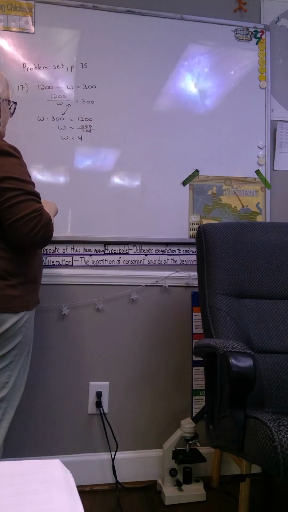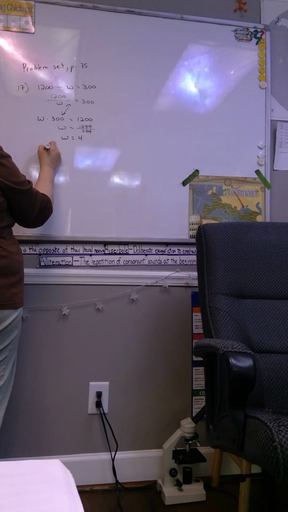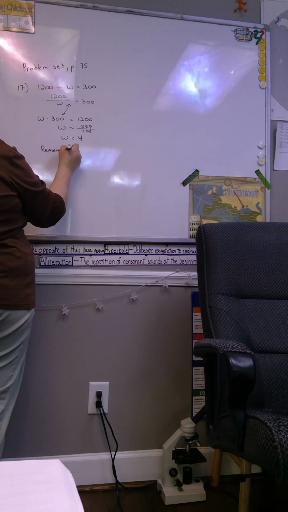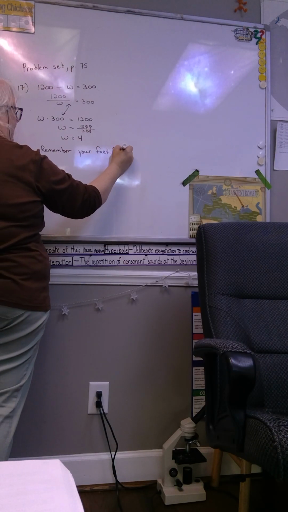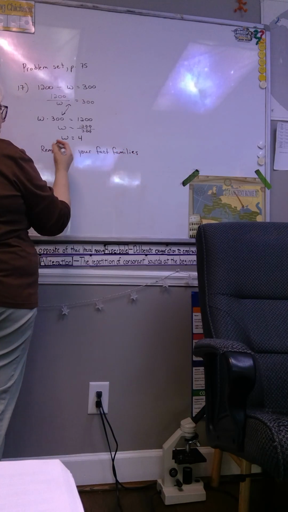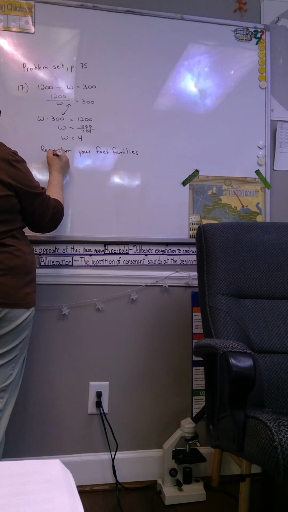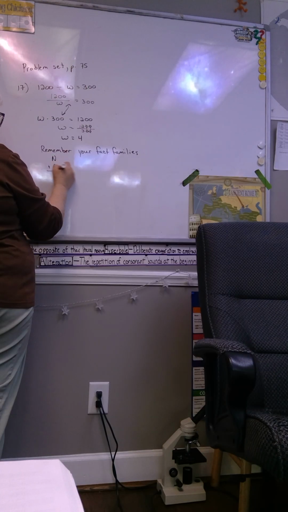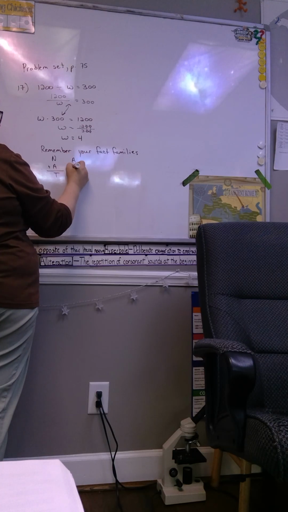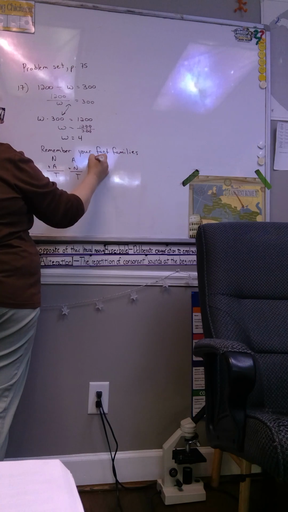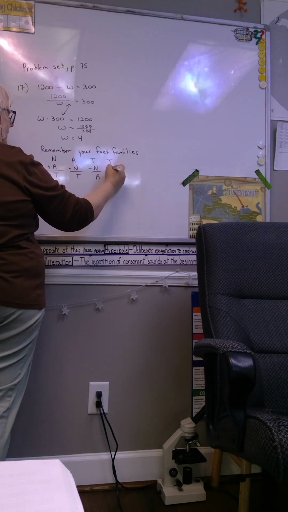So you have to remember, when you're looking at these problems, remember your fact families. You've got addition ones, like a number plus another number equals a total. And then you would have t minus n equals a, and t minus a equals n.